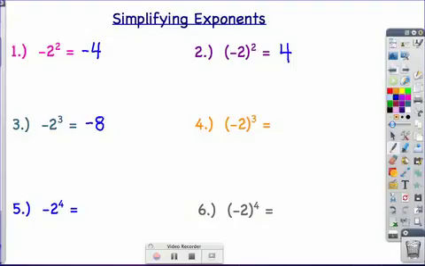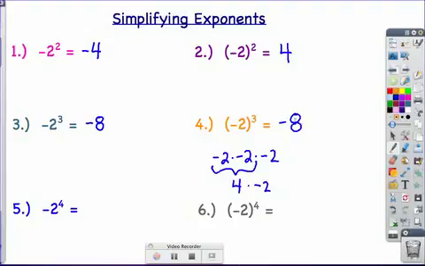Number 4, I'm raising -2 to the third power. -2 times -2 times -2. Well, -2 times -2 gives us +4, times -2 gives us a final answer of -8.